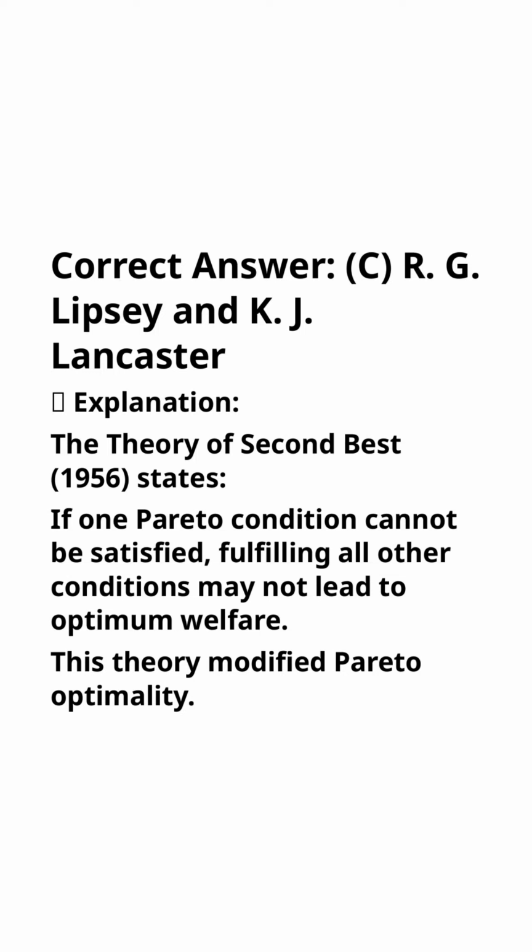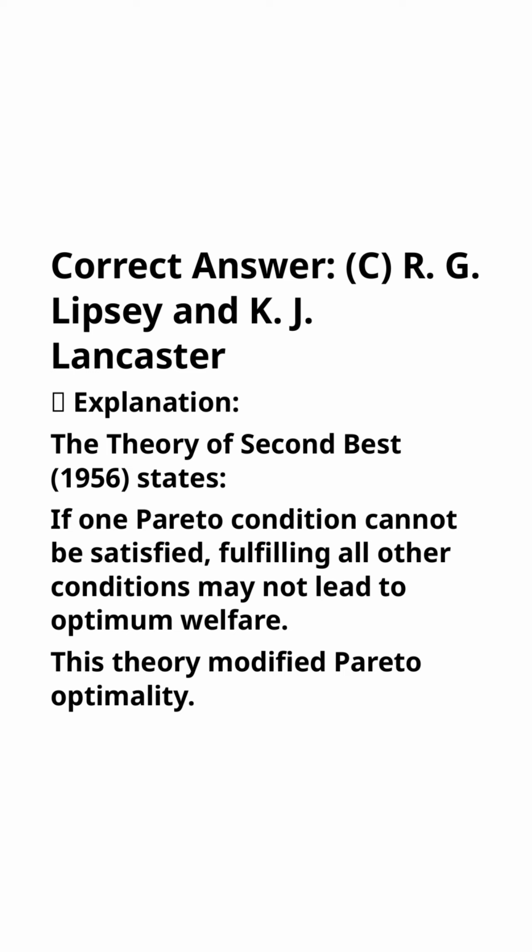This slide discusses a modification to the classic Pareto optimality concept. Essentially, it highlights that if one of the Pareto conditions can't be met, then trying to satisfy all the others might not actually lead us to the best possible welfare outcome. It's a crucial point because it shows the limitations of the traditional Pareto framework when real-world constraints come into play.